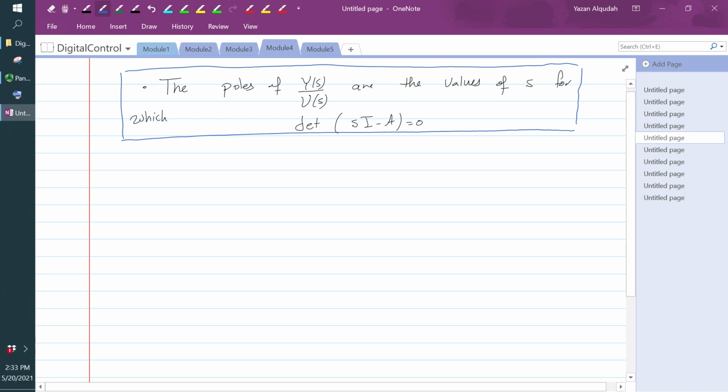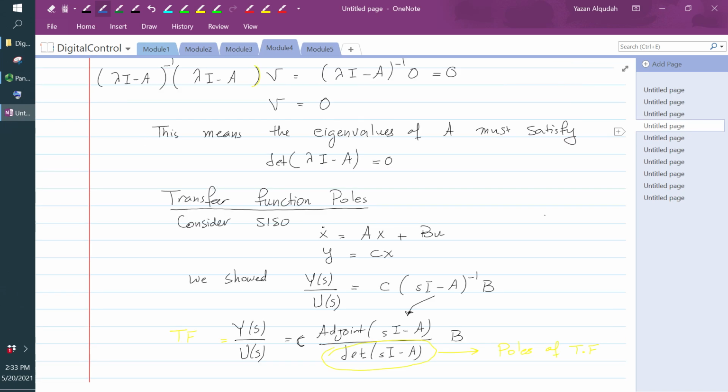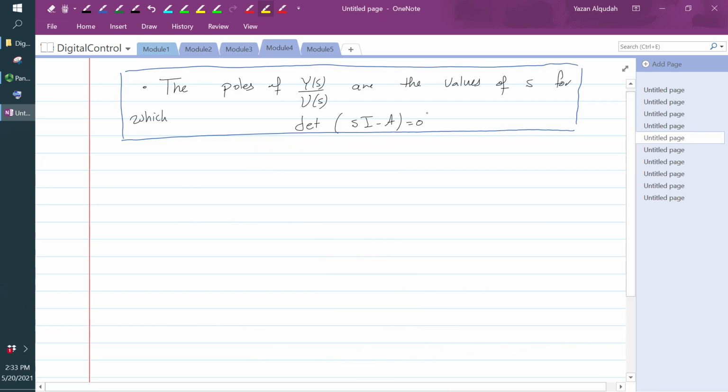I'm going to highlight that and put it in a box. Now, if we substitute lambda for s, it is clear that the poles of y of s divided by u of s are nothing different than, can you guess it? The values of lambda. If I look at this equation that I use for calculating the eigenvalues, and I look at the equation here that I'm using to calculate the poles, they are the same, except I have to replace s with lambda.